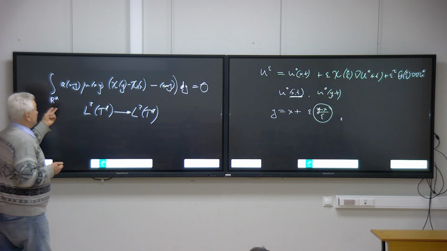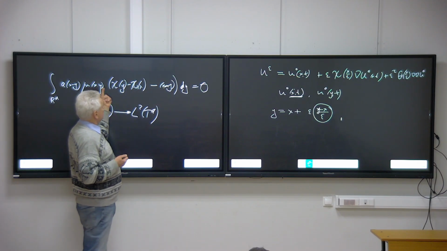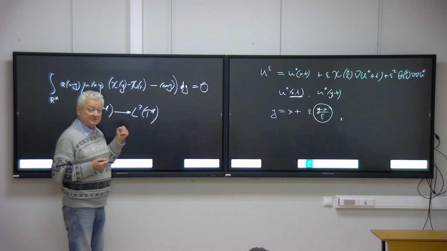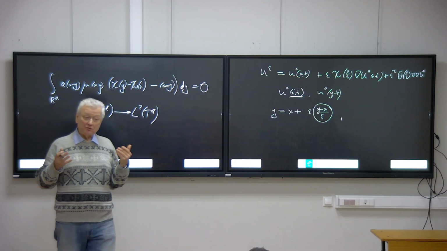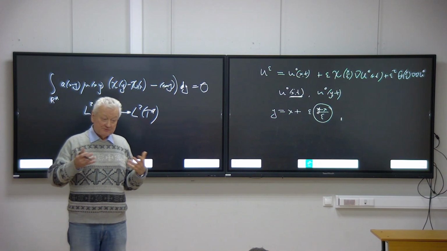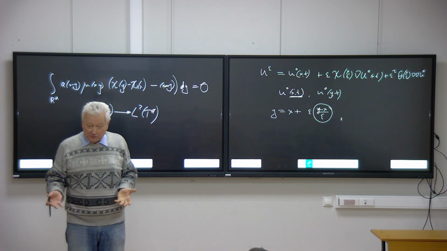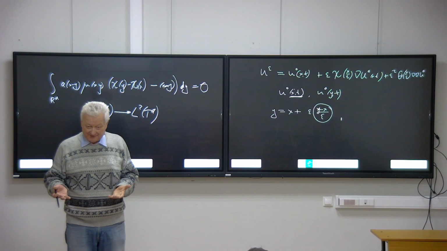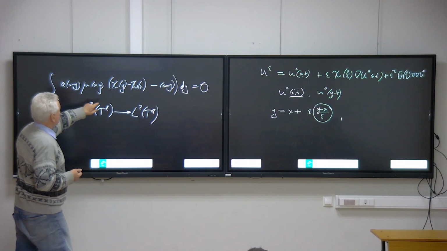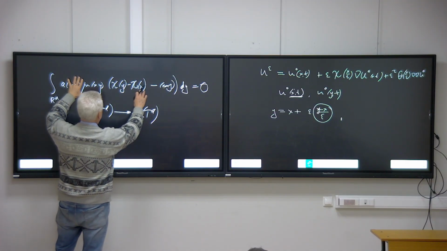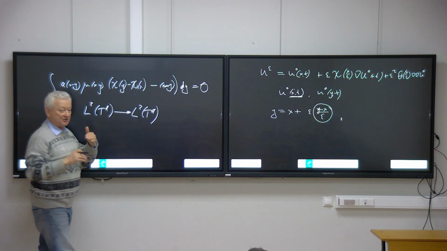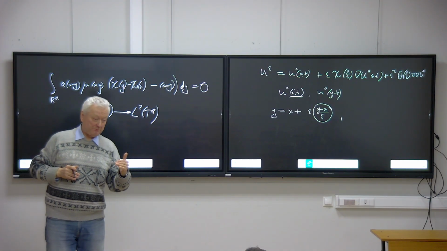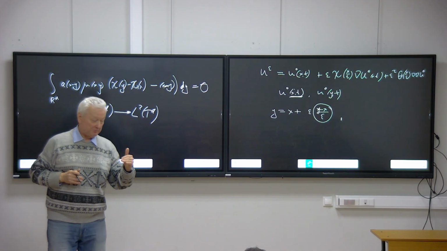And why? Let's check. But this equation has a non-trivial eigenvalue, so we should use some kind of Fredholm theorem. The compatibility condition is not for free, we should check it. But what do we have? This operator is multiplication by a function which is bounded by a positive constant from below and from above.